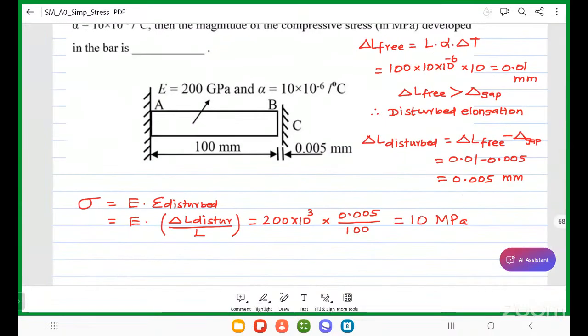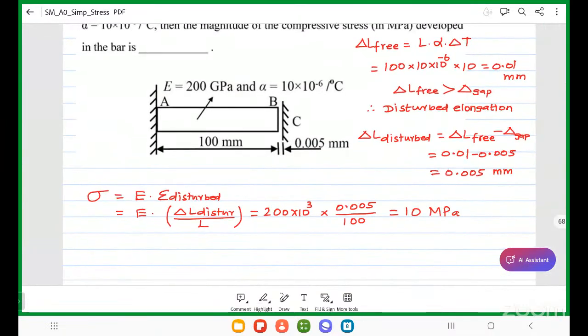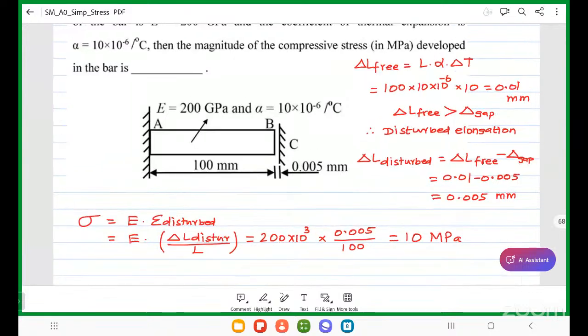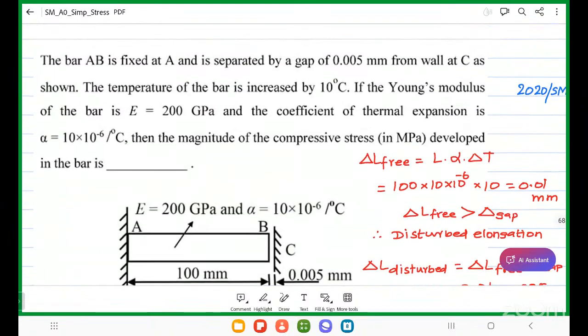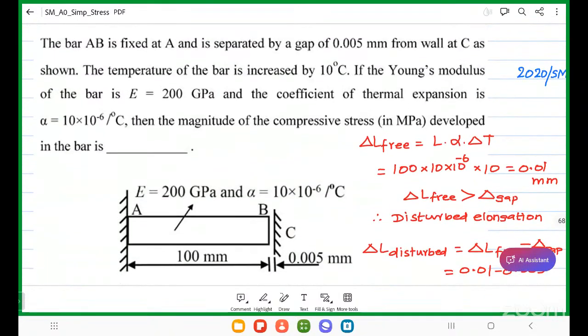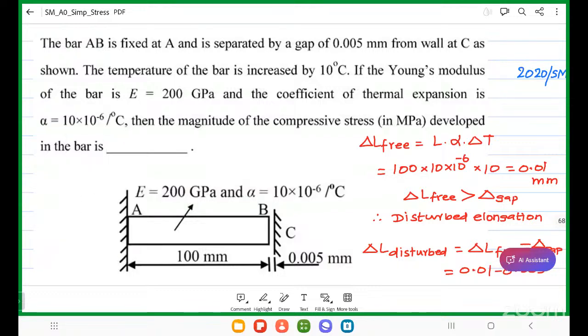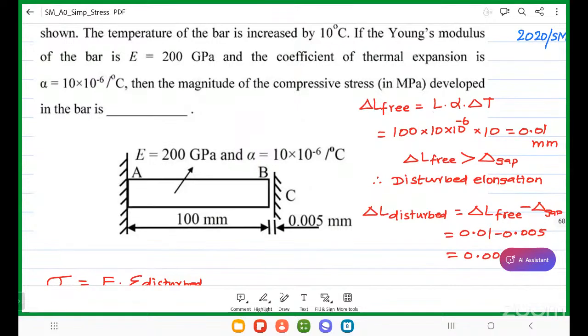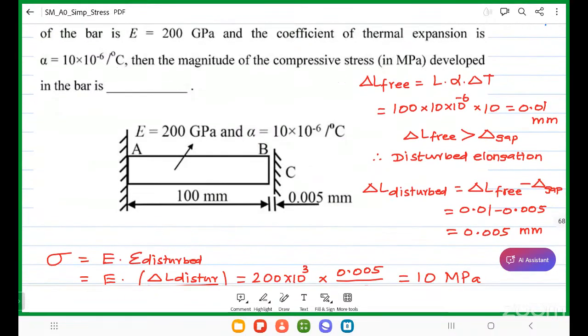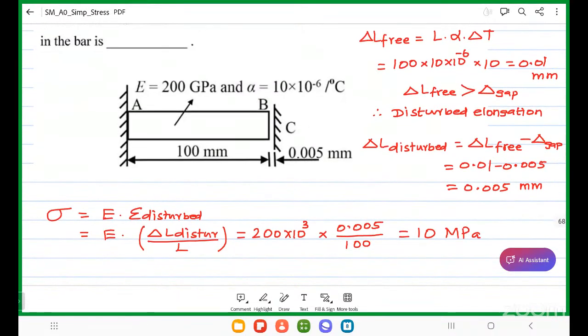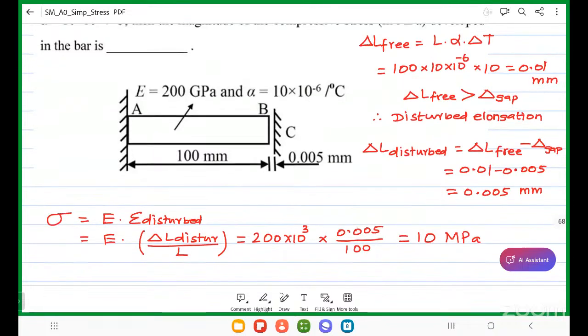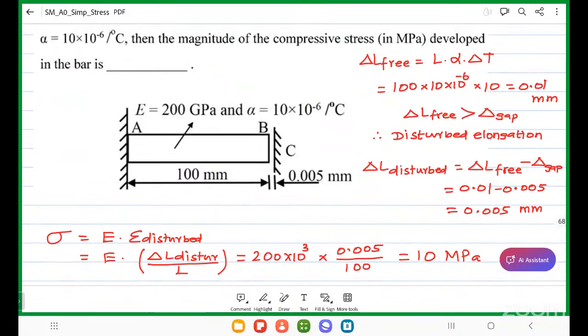Do you remember this question? First we have to find out the del L free.